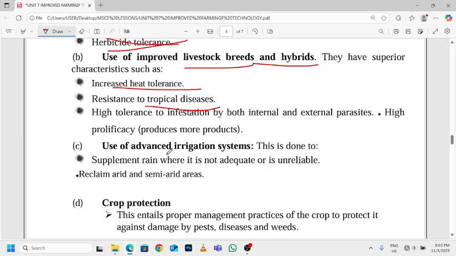But also high tolerance to infestation by both internal and external parasites, in other words, high prolificacy. Those are livestock that can withstand or are protected from parasites that can attack our livestock.